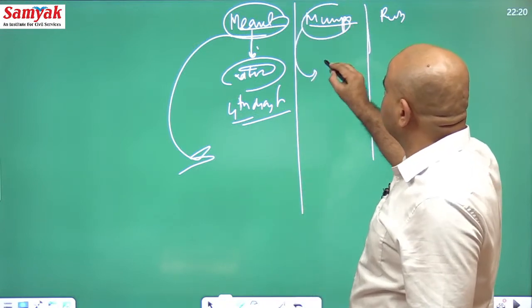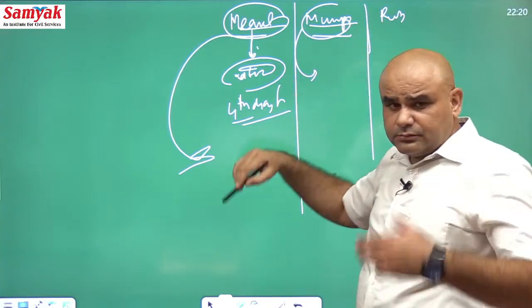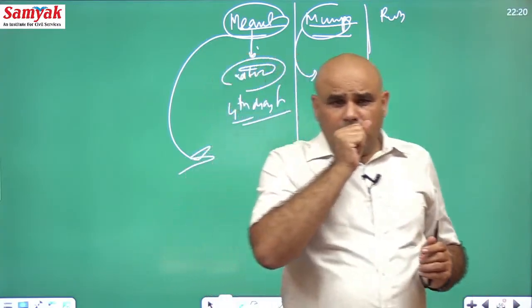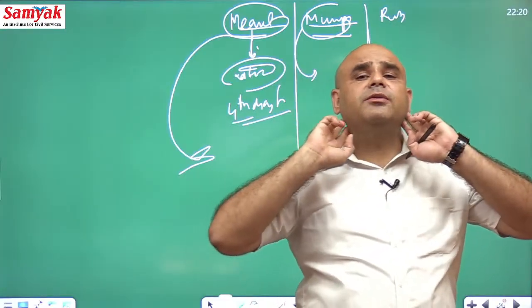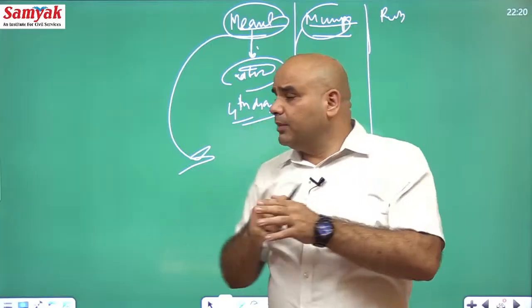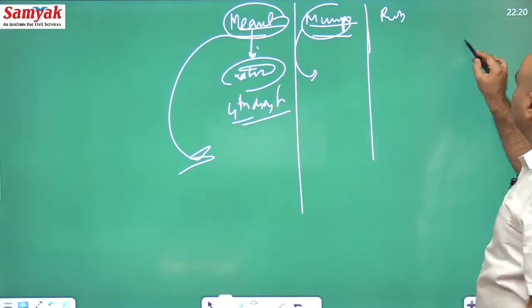Mumps virus is the cause of mumps. In case of mumps disease, the patient will have pain in the parotid glands. Remember that there are 3 sets of salivary glands.